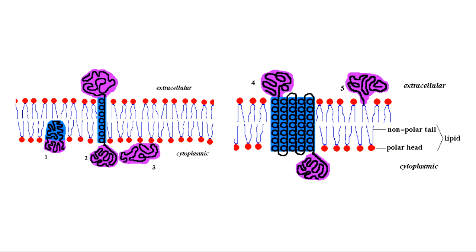We have polar amino acids, nonpolar amino acids, positively charged, and negatively charged amino acids. Here's our types. These blue ones are right next to my tails.